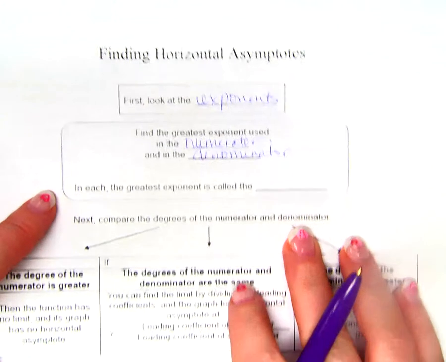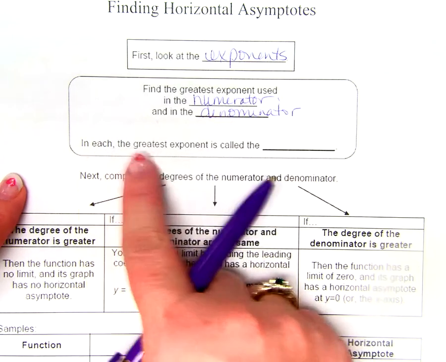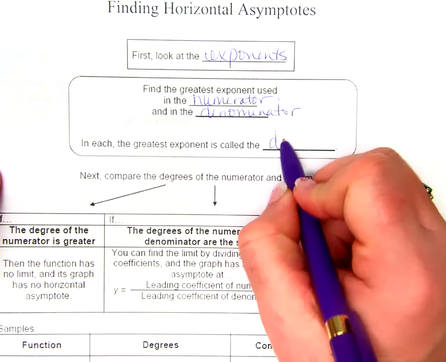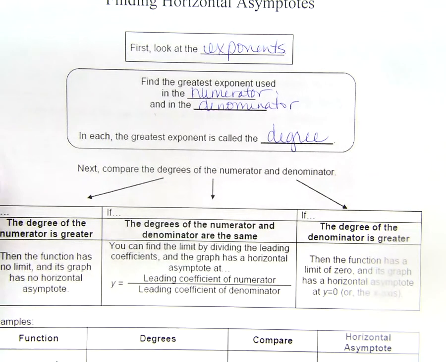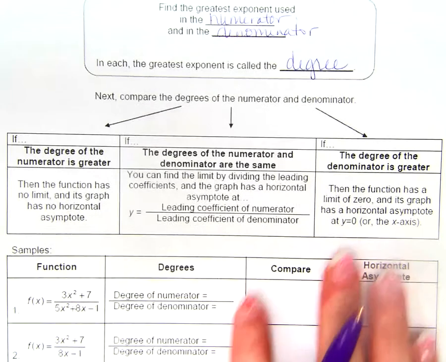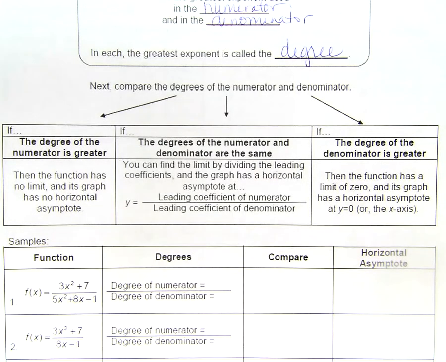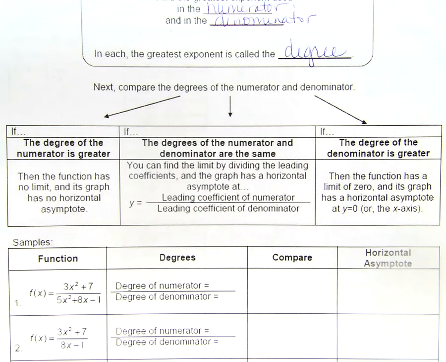We talked about this before, but it's been a while. In each, the greatest exponent is called the degree. Okay? Each one of them is called a degree. So look very quickly at your problem and find out which one of them is greater. Are they the same, or is the denominator greater? Just look.